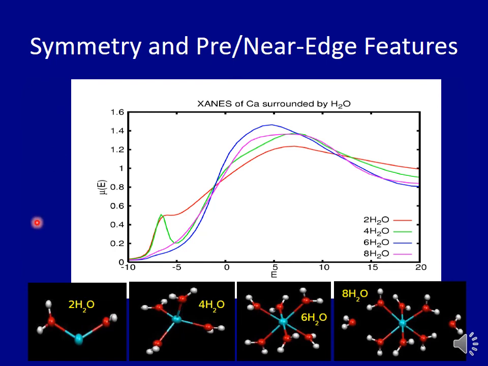And in this particular case, you can see that as you go from two neighboring oxygens on a calcium, we're looking at calcium in solution, and if you go to 2 or 4, you have this pre-edge peak, and once you go to 6 or 8, you basically get a situation where hybridization of the orbitals is not possible due to symmetry, and you don't see that peak anymore.